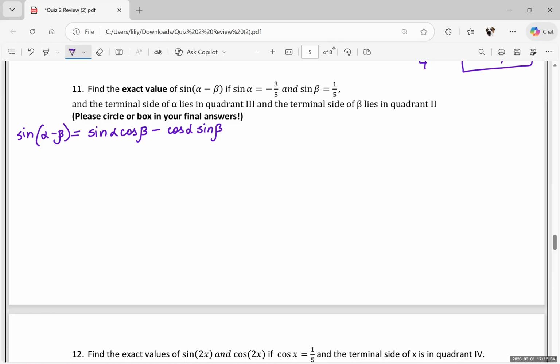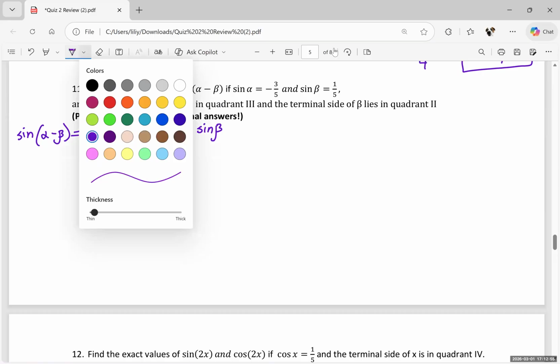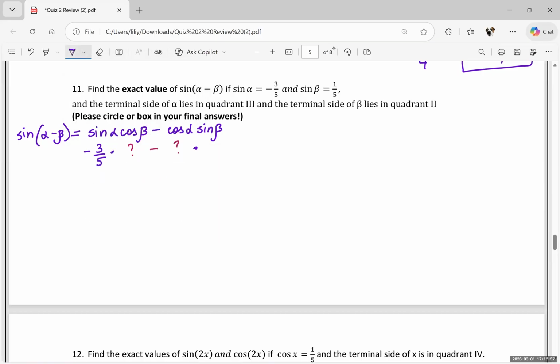Sine of alpha is negative 3 over 5, so negative 3 over 5 instead of sine of alpha, times cosine of beta is not given, but sine of beta is. So I still need, I'm going to mark them with a different color, I still need a number here. I still need a number here. But I do have a value for sine of beta, and it is just 1 over 5. I don't need parentheses, it's positive.